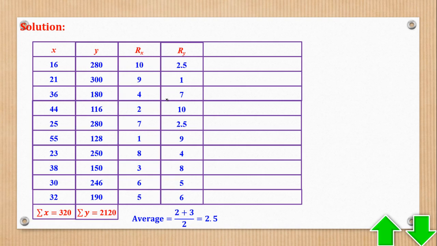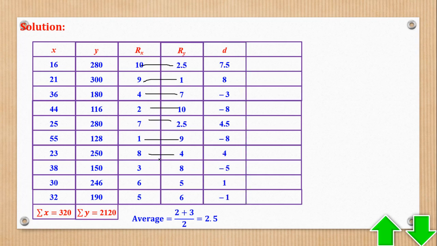Okay, so next is to use a calculator and subtract carefully. Most of you make errors in subtraction, so subtract carefully. This minus this gives that, this minus this, like that. So when you subtract, you shall come up with those values of D. Then next is to get the values of D squared.